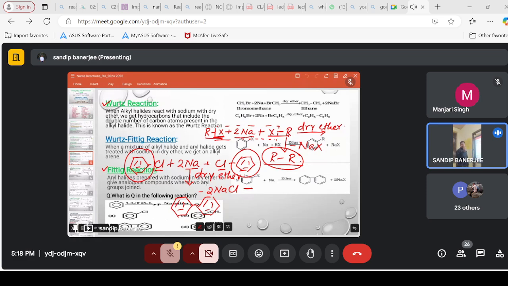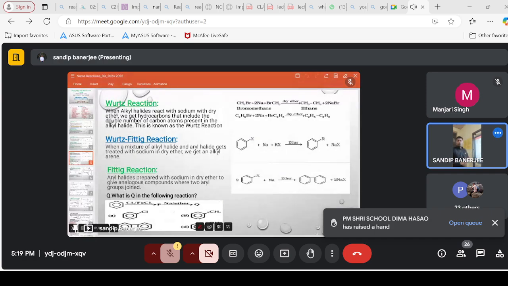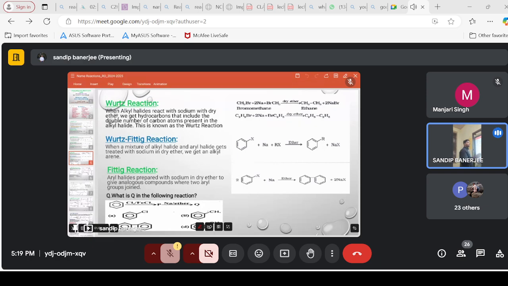No one. Okay. Now I am coming to the mixed one, that is the Wurtz-Fittig reaction. Some students may think, sir, the Wurtz reaction is fine for the aliphatic system, and the Fittig is fine for the aromatic system, but what happens when both aliphatic and aromatic systems are present? That is why Wurtz and Fittig combined and suggested this. Let's take chlorobenzene, bromobenzene or iodobenzene, the same sodium metal, and an alkyl halide. In dry ether medium, two molecules of sodium halide get eliminated, and your product will be the benzene ring with an alkyl group on one side. So the phenyl group and the alkyl group are joined this way.